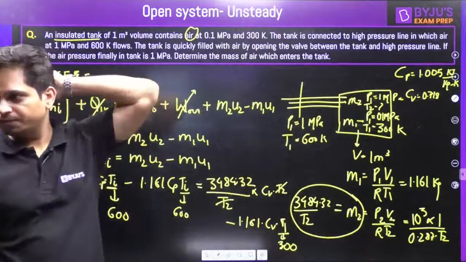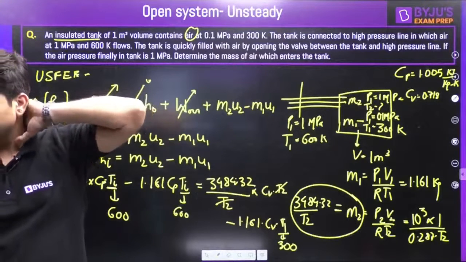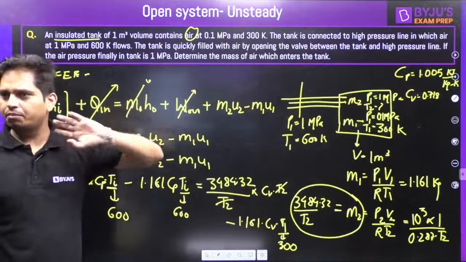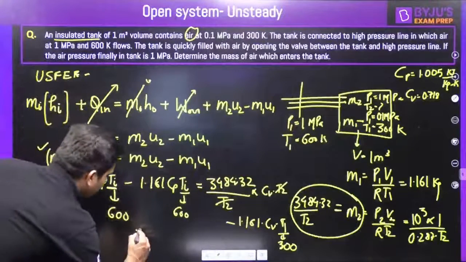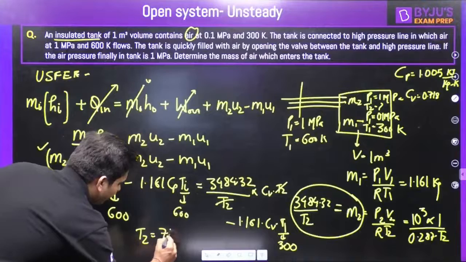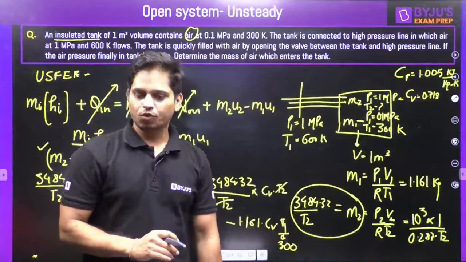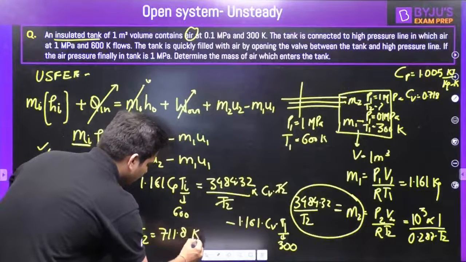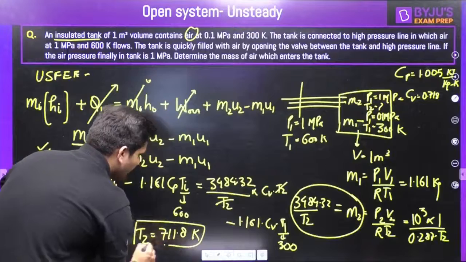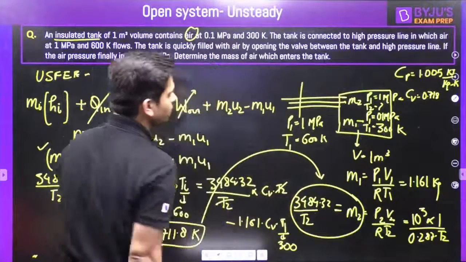T2 should be, okay, that's solved already. You calculate T2, you will get around 711, maybe plus minus 1 or 2 here and there. Okay, 711.8 Kelvin.